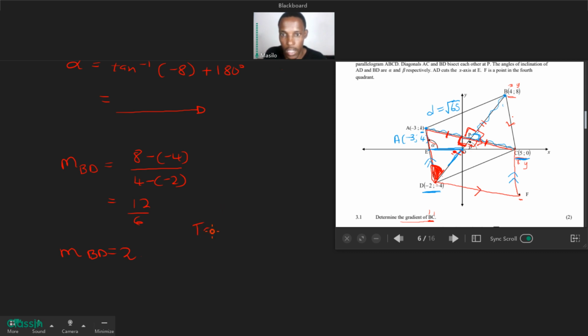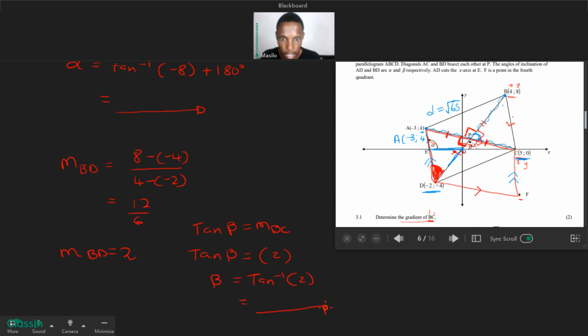Then we can say tan beta is equals to the gradient of BD, which is tan beta is equals to 2. Then because we are looking for beta, we can say tan arc of 2. Because it's positive, we don't put plus 180.